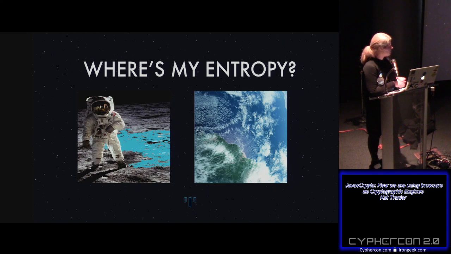The other method for obtaining secure random in a browser is the WebCrypto API. And what the WebCrypto API says is, we can't trust JavaScript at all to handle this. We're going to reach outside of the browser for entropy, and those cryptographic operations are performed natively in your hardware.